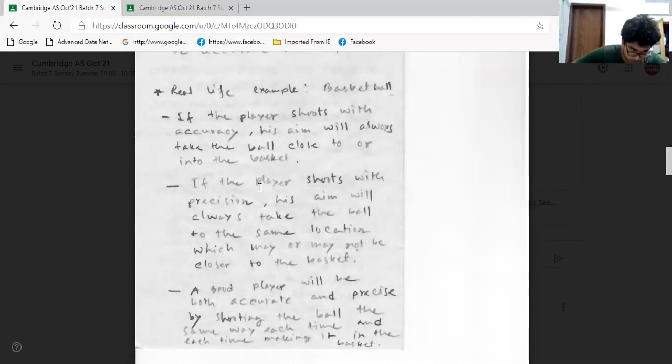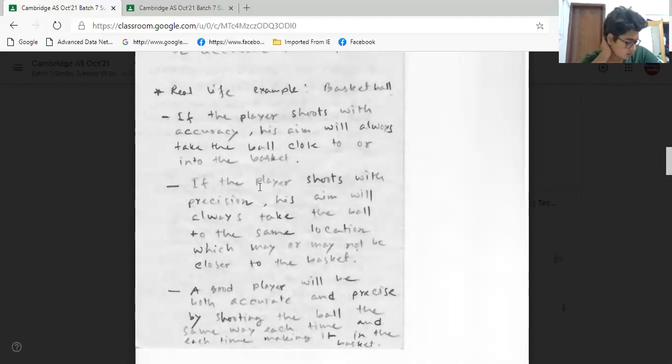But this player, can you read the second part? If the player shoots with precision, his aim will always take the ball to the same location, which may or may not be closer to the basket. Maybe he is throwing the ball in a way that it always goes to the same place.